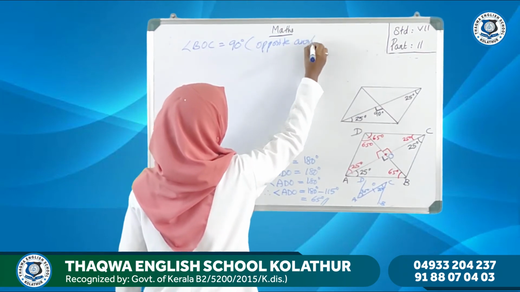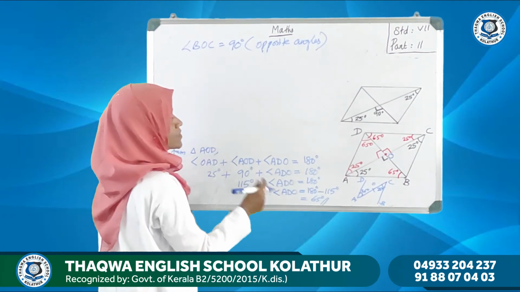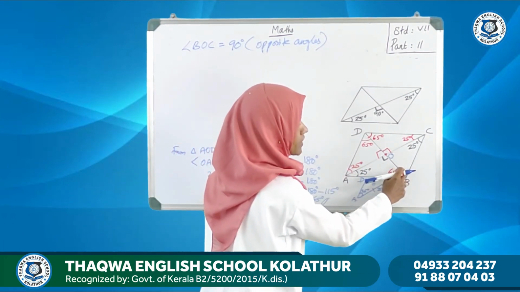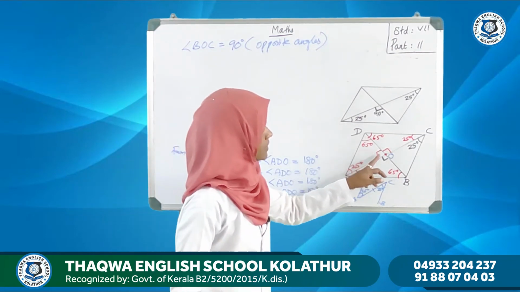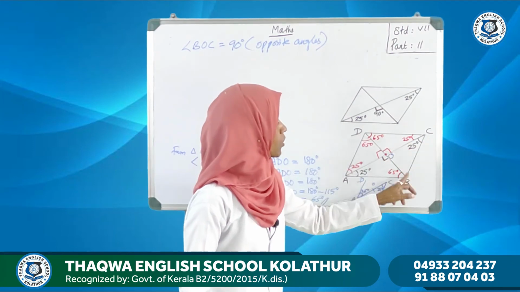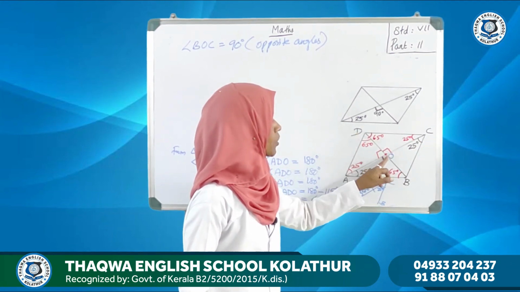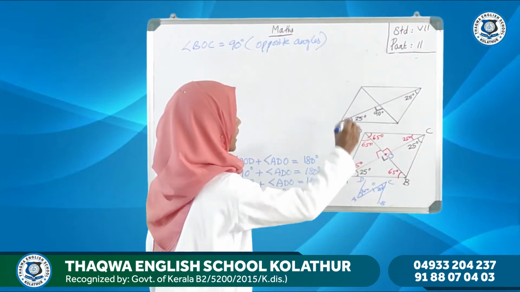And also, we have to find out this angle, angle OBC. How? Yes, angle ADO and angle OBC are the alternate angles.